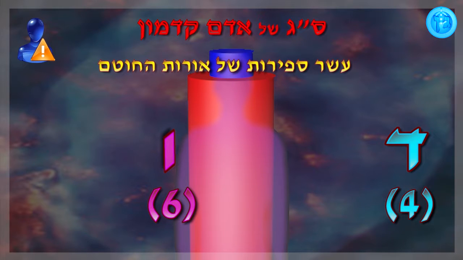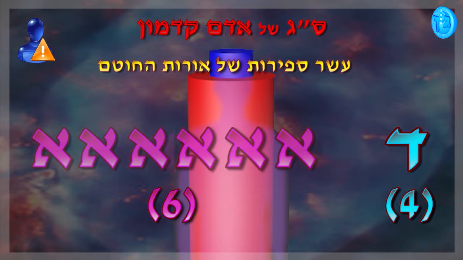Indeed, with regards to this individual letter Vav, the Arizal clarifies that this letter also proceeded to split into 6 different letters, namely into 6 Aleph letters that also have the combined gematria of 6, like the letter Vav.